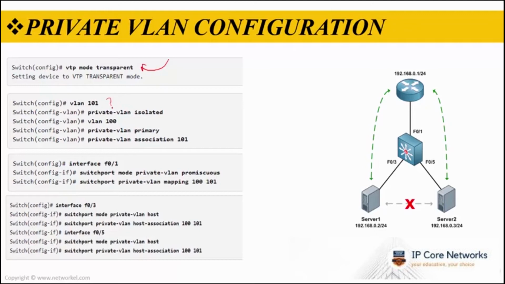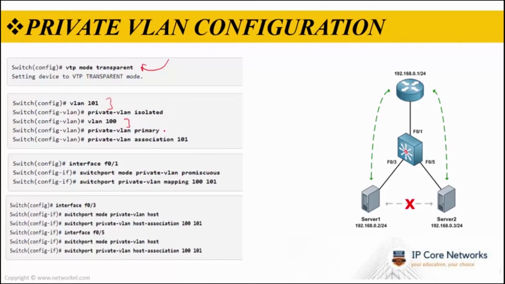Then we are creating the VLANs. As you can see, we created VLAN 101 as the private VLAN isolated, and VLAN 100 is the private VLAN primary.